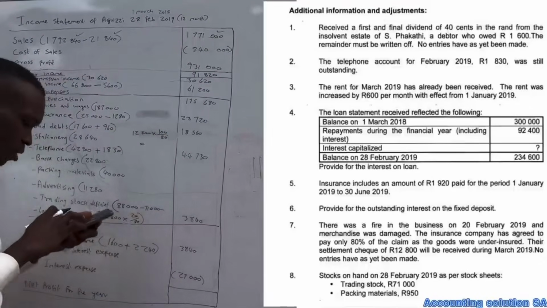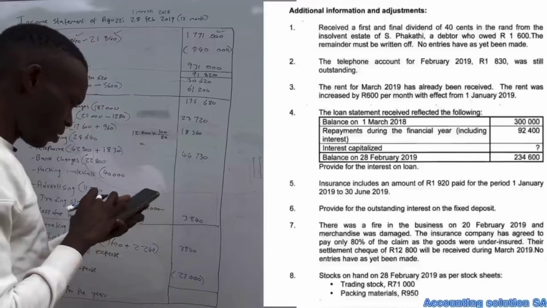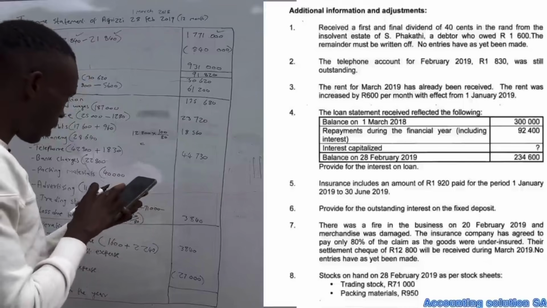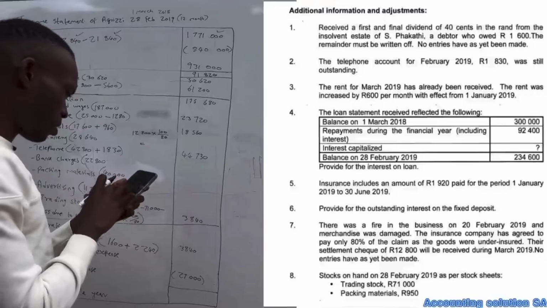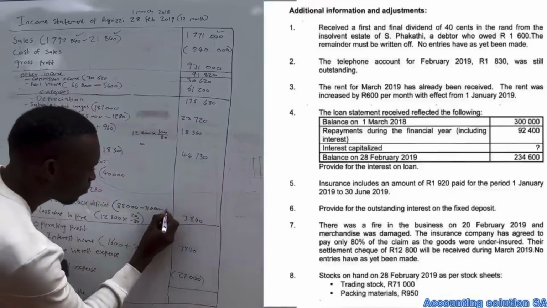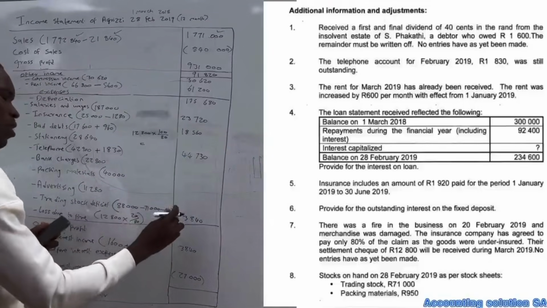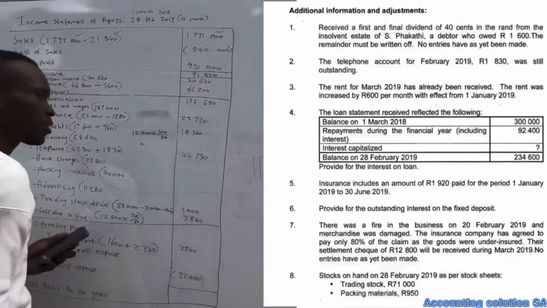If you do this calculation, let me calculate, because on the answer that I have, they just write the final answer. 12,800 multiplied by 100 over 80, we're going to get 16,000. If you do this calculation, I believe that it is going to give you 16,000.